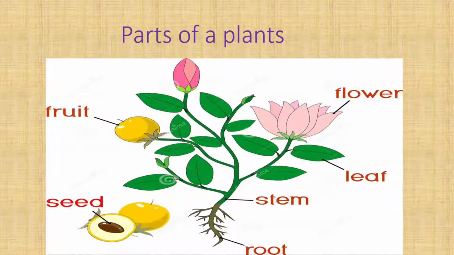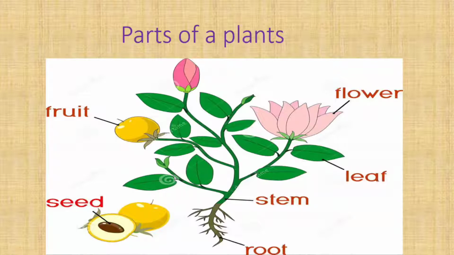Do you remember the different parts of the plant? Yes. Number 1, roots. They grow below the ground and hold the plant firmly. Number 2, stems. They grow above the ground and carry water and minerals from the roots to different parts of the plant.